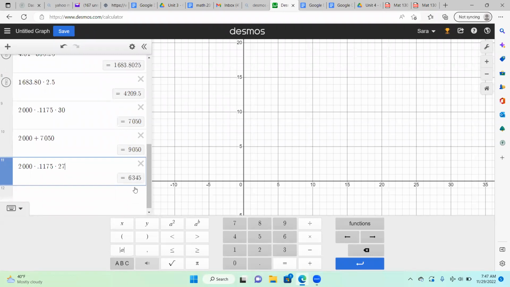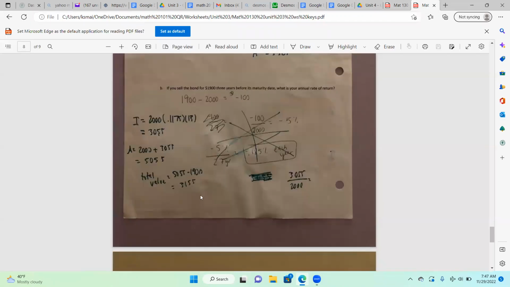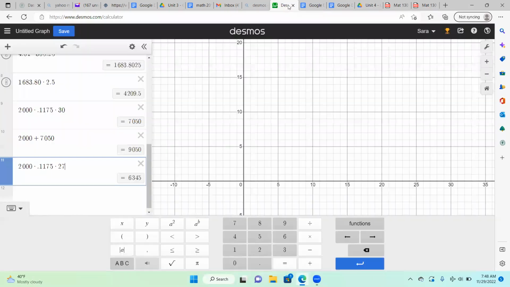So we would have earned $6,345 in interest, and we subtract the $1,900 that we got paid.